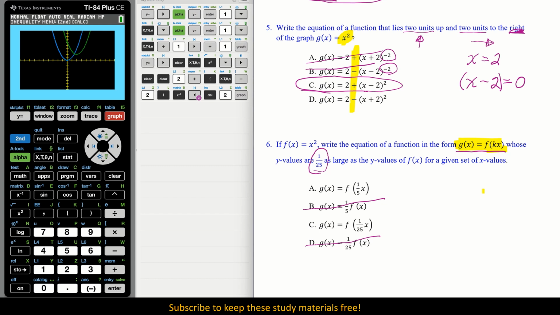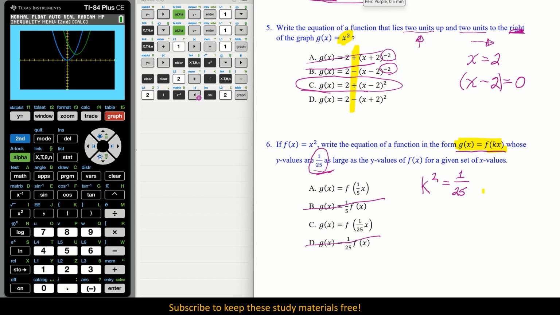So let's look at this. Let's look at the K. In our form, we need K equals, but we are given this. That's actually K squared equals 1/25. Okay. Whose y values are 1/25th as large as the y values of f of x.